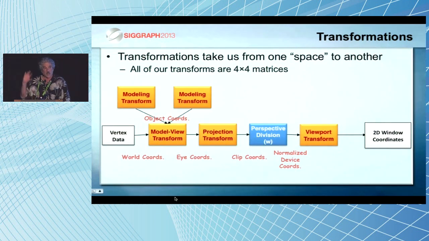It orients it the way you want it oriented, because maybe you didn't want this cube aligned with some axes, and then it scales it, it aligns it, and then it moves it to the place where you want it to be. And that's generally called the modeling transformation that moves you from things that are sometimes called model coordinates to world coordinates, or more generally in the OpenGL literature, it's called object coordinates.